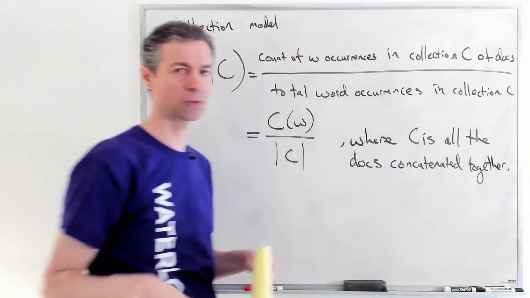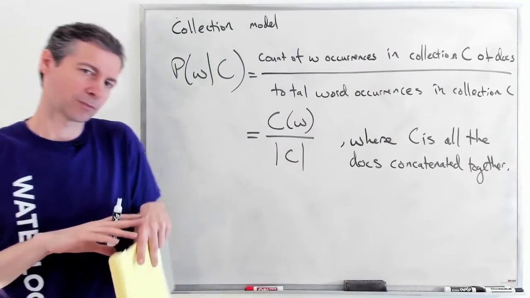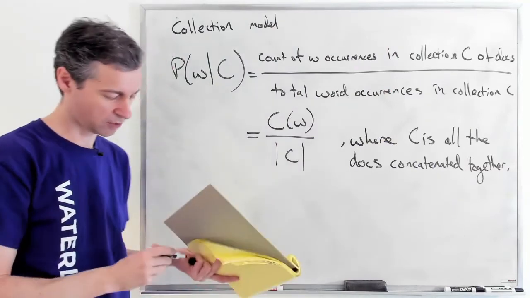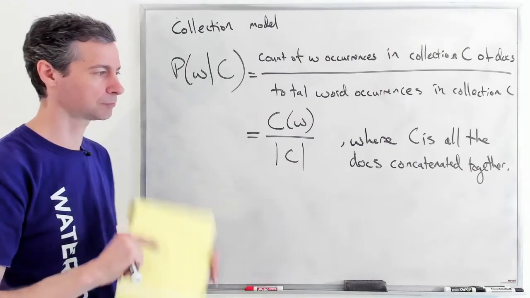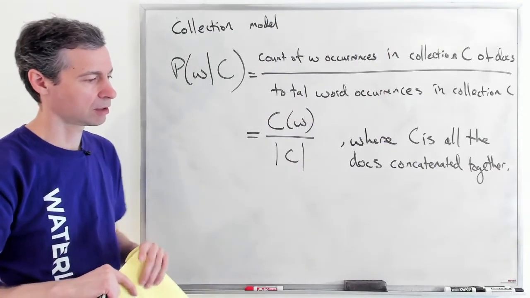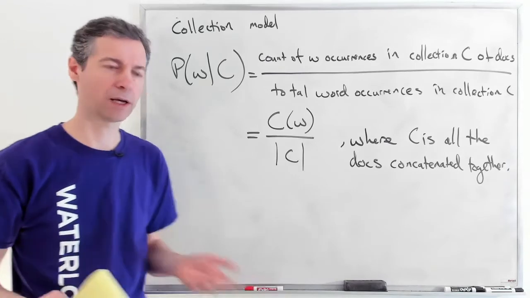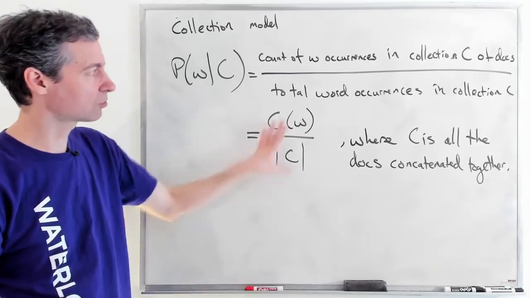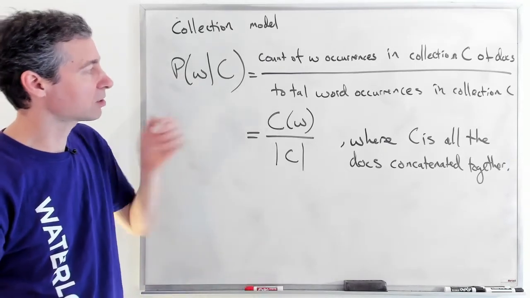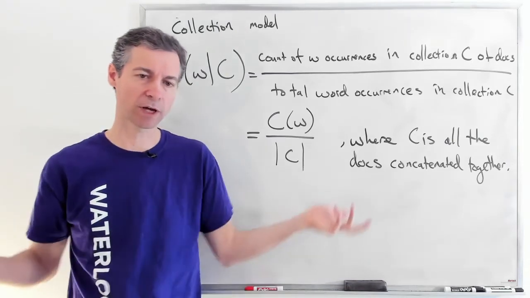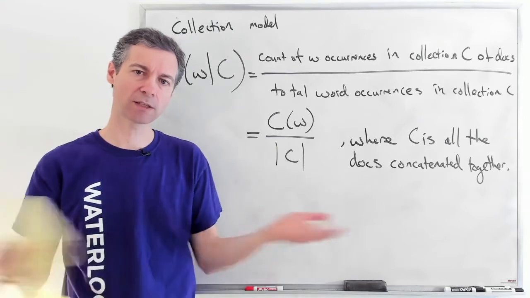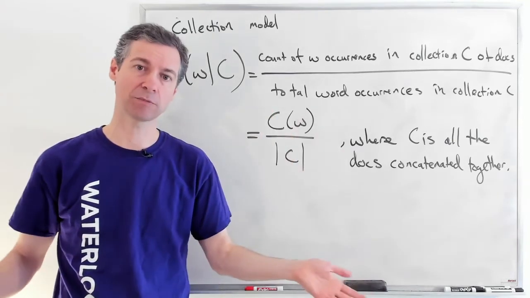So we're kind of skipping ahead away from our beautiful model of this urn of dies, but we're just going to straight up take the collection, all those documents, and it's just like we've concatenated and made one gigantic document.